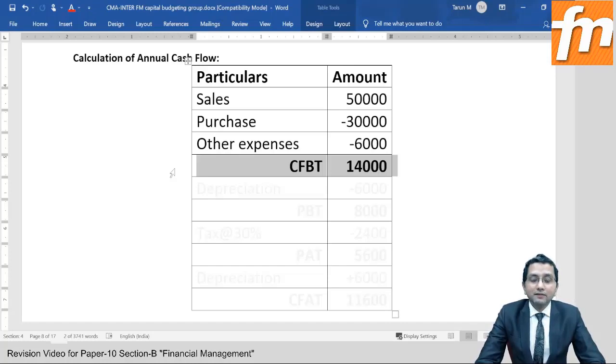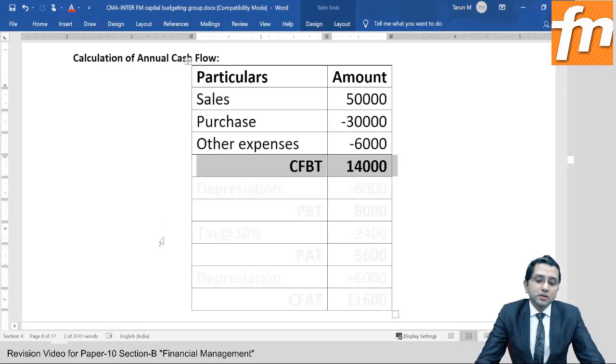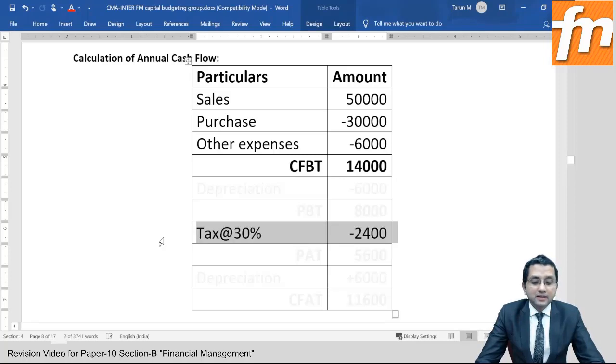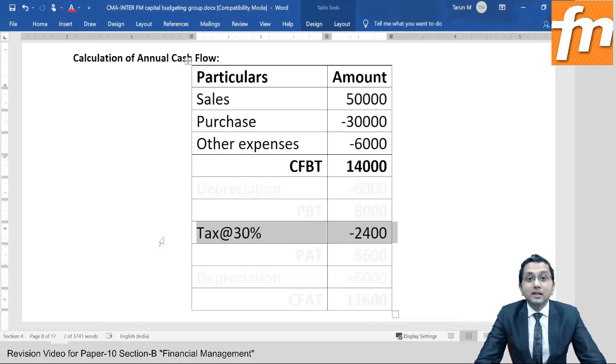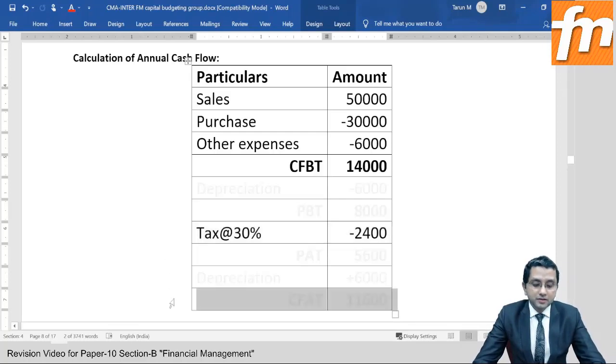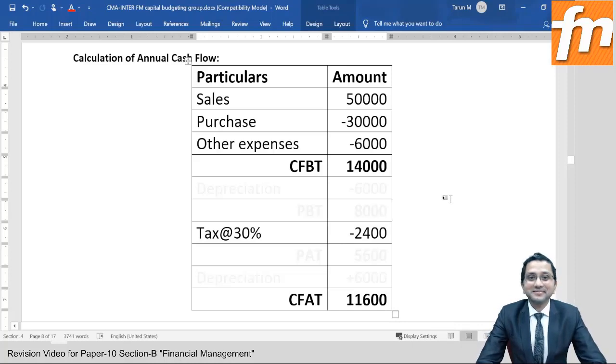So far, I have not deducted income tax. Suppose the amount of income tax is given in the question and it is 2,400 rupees. If I know the amount of income tax, it is given ready-made, then I'll simply deduct it from my cash profit before tax to arrive at cash profit after tax.